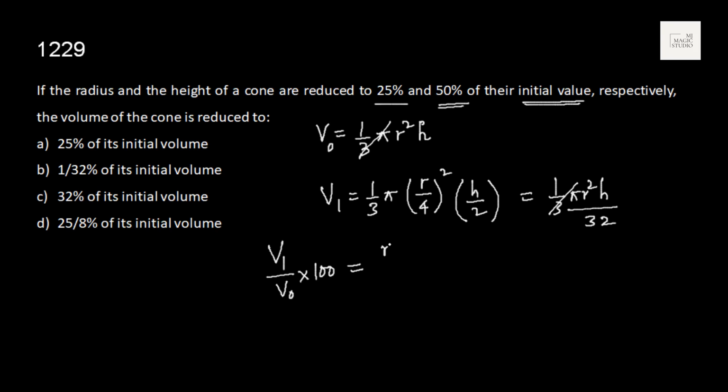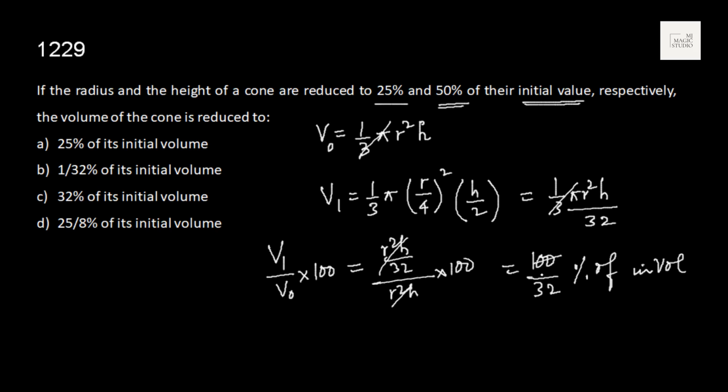So we will have r square h by 32 divided by r square h into 100. That is 100 by 32% of initial volume. So this is 4 times 8, 4 times 25. 25 by 8% of the initial volume. Option D.